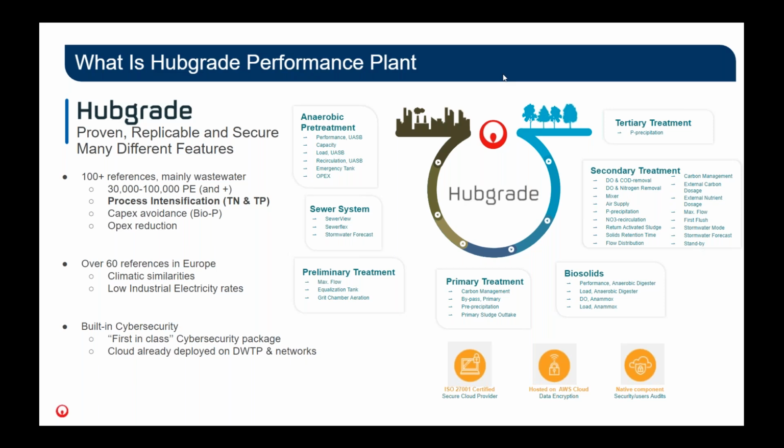It is delivered today through the cloud, hosted on Amazon Web Service. All of the best, latest, and greatest cybersecurity protocols and procedures are in place to ensure that treatment facility networks are all very well protected in the delivering of this system to a facility.